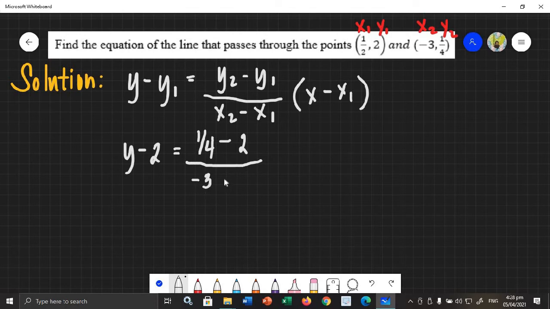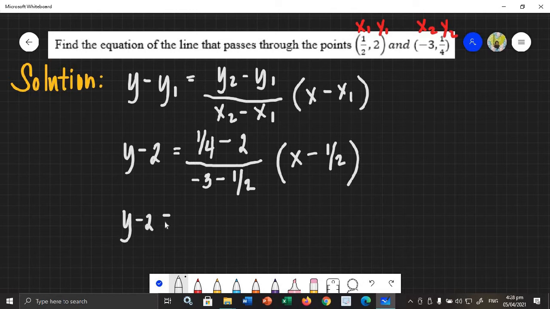So, -3 minus your x sub 1, which is 1/2. Then, times quantity x minus x sub 1. So, your x sub 1 is 1/2.